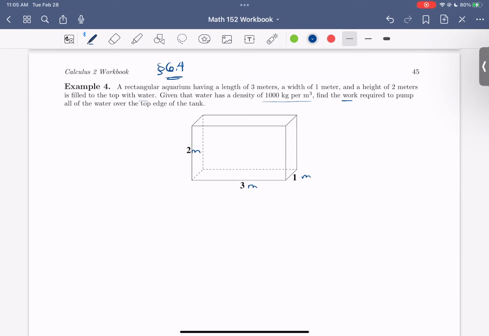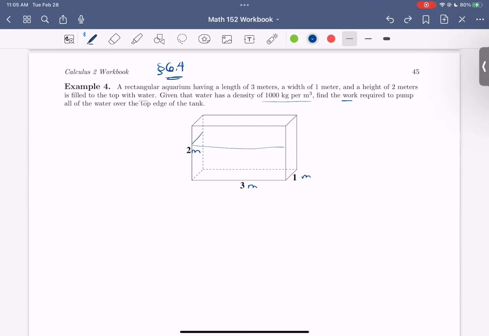All right, so in this problem, they're even telling us how to see the dimensions on this tank. And similar to the last problem, we're going to assume that at any slice or level of the aquarium, this slice of water is going to move just straight up and over the tank top.